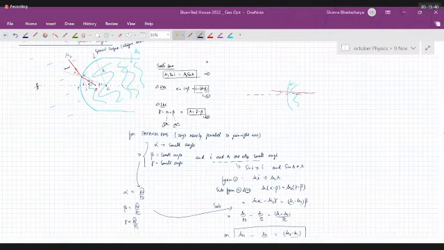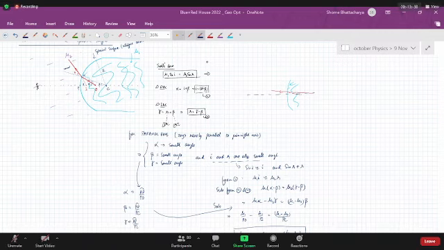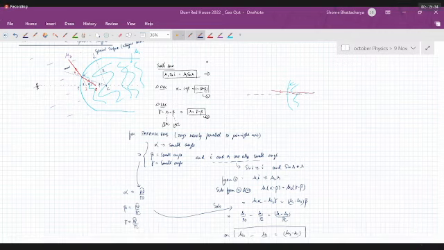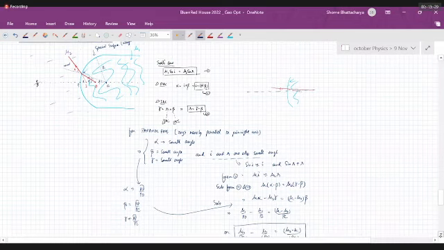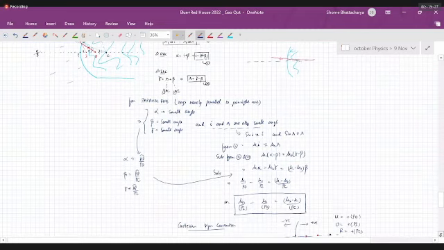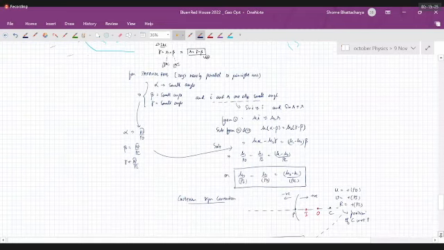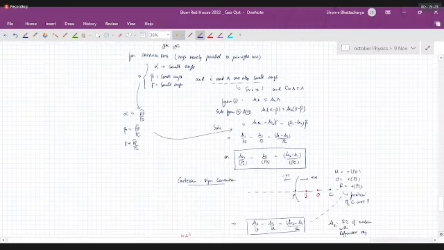This is refraction at a spherical surface. This is nothing to do with lens, Shikhar. Okay, this is a single spherical surface.